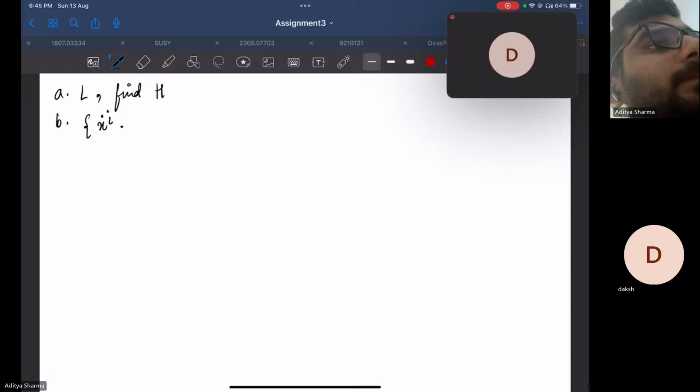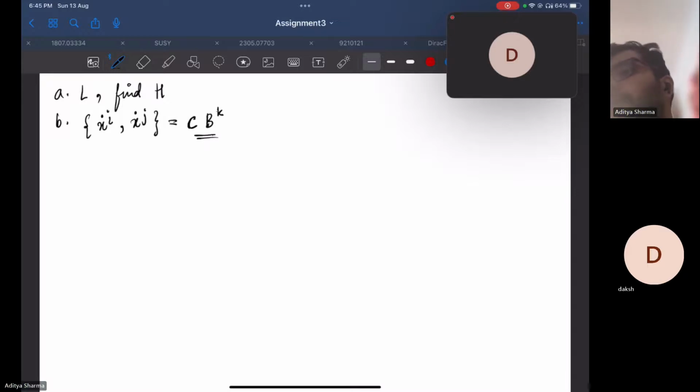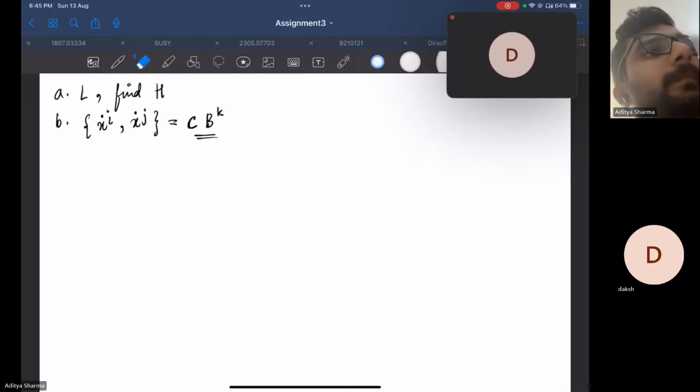x_i dot, x_j dot. This should come out as some factor into epsilon_ijk, I guess. The other thing should come out as the magnetic field, some component of the magnetic field here. Let me just take my solutions. Yeah, you'll find the other component.